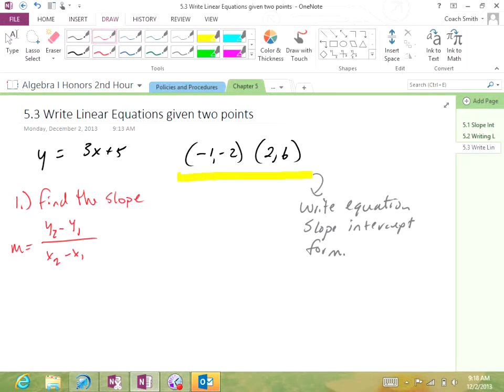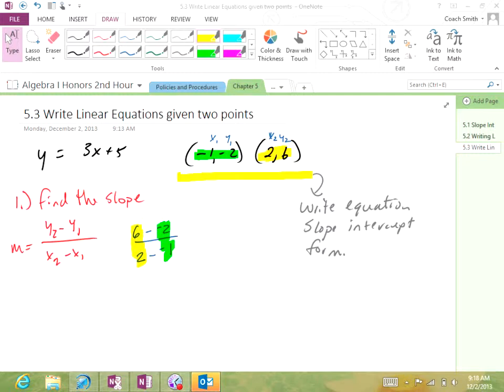Okay, so if we use this, we'll say this is x1, y1, x2, y2. Okay, so that's going to give me 6 minus -2 over 2 minus -1. Now, once again, these 2 numbers have to be together.